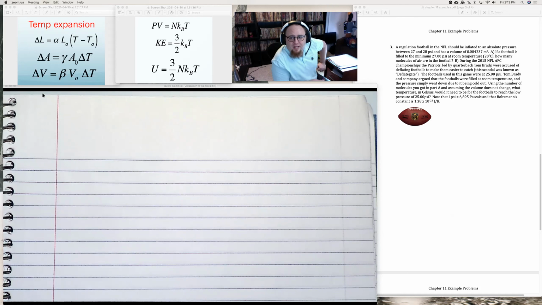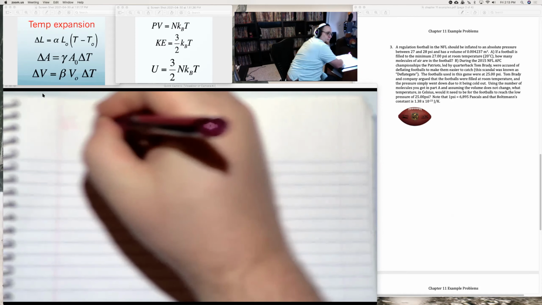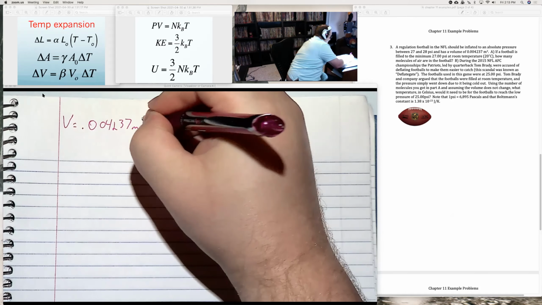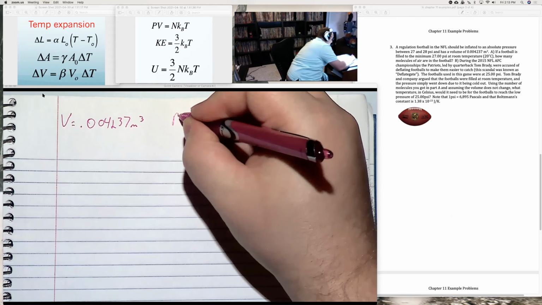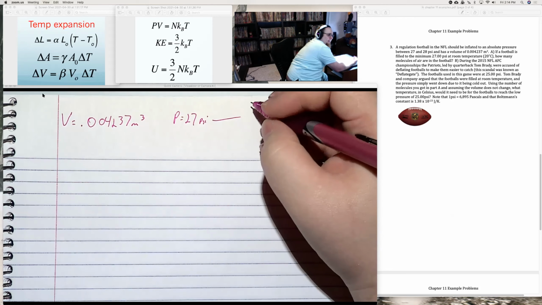It says, a regulation football in the NFL should be inflated to an absolute pressure between 27 and 28 psi. If a football is filled to the minimum 27 psi, okay, pressure is 27 psi. That's not an SI unit, I need to convert that.